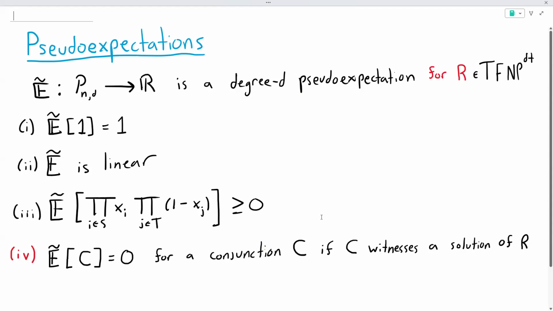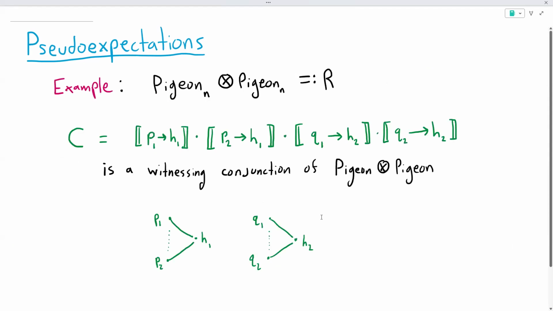And in particular, we have a pseudo-expectation operator for a specific total search problem R in black box TFNP if we add this additional fourth point, that for any witnessing conjunction, this pseudo-expectation will take its value to be 0. So what do I mean by a witnessing conjunction? I'll just give an example with pigeon squared.